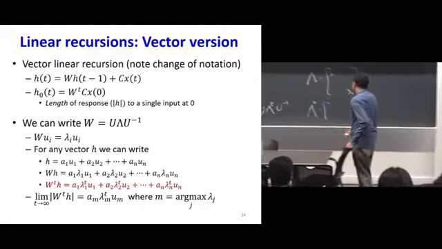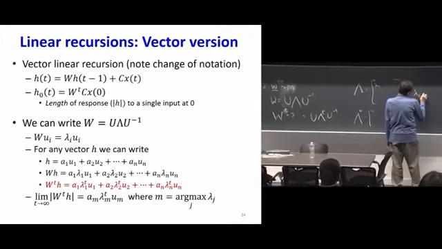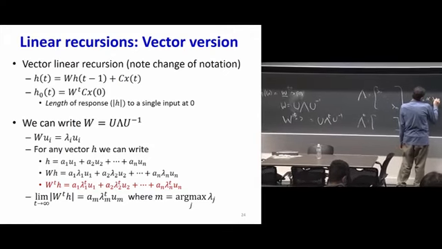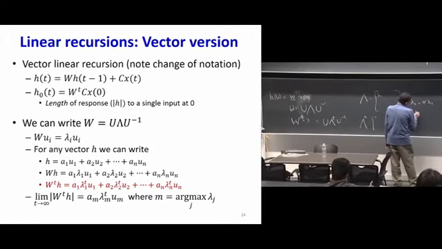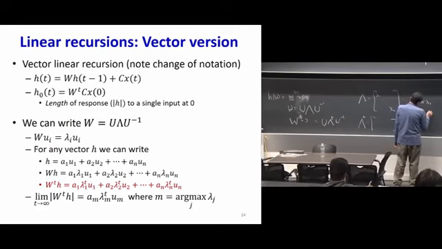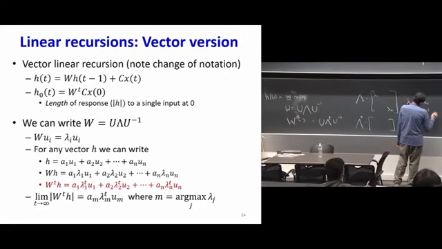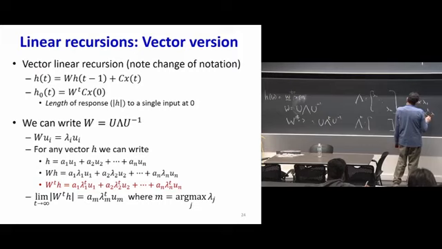If lambda 2 equals some alpha times lambda 1, then lambda 2 raised to t equals alpha to the t times lambda 1 raised to t.